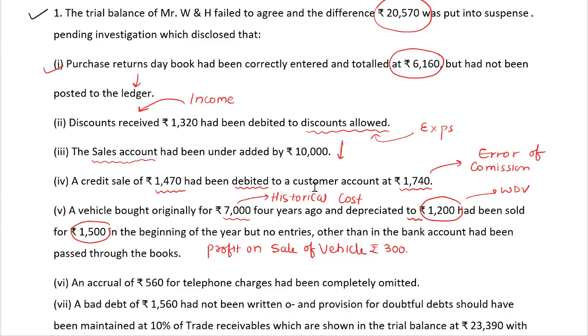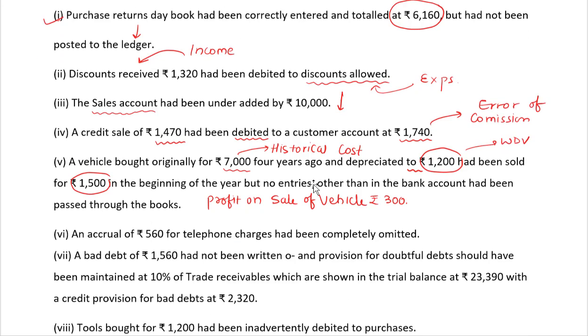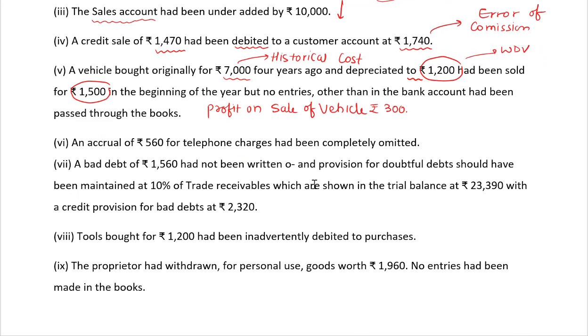Let us continue. An accrual of 560 for telephone charges had been completely omitted. Point number 6. An accrual for 560 for telephone charges has been completely omitted. Let's see the next one.